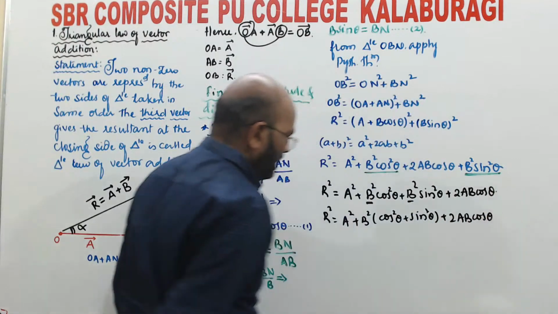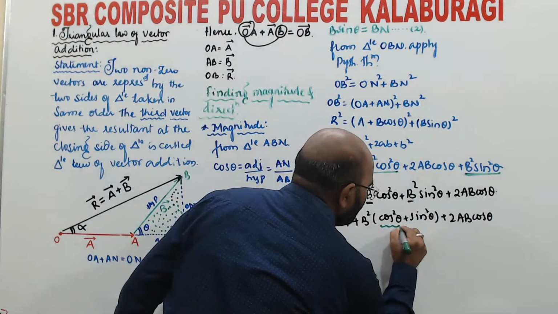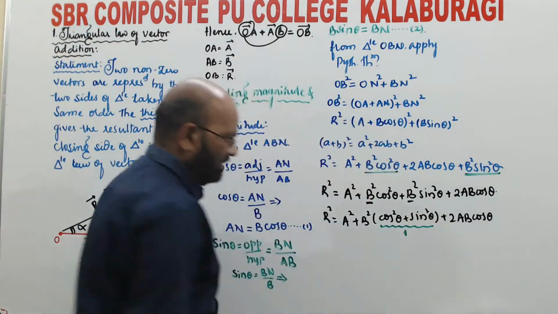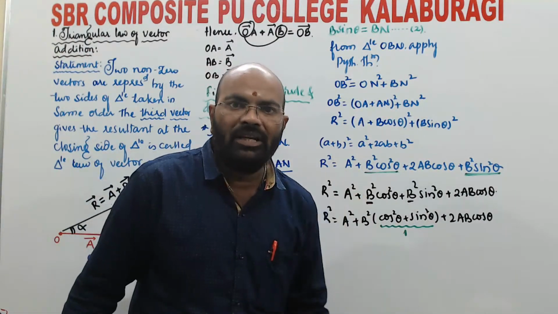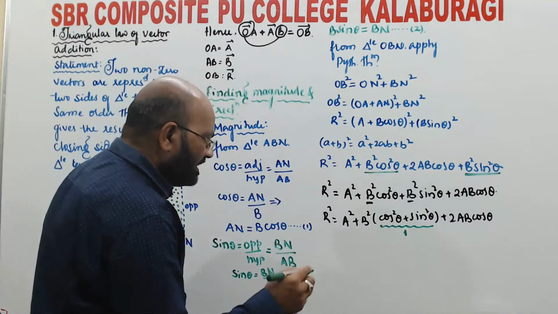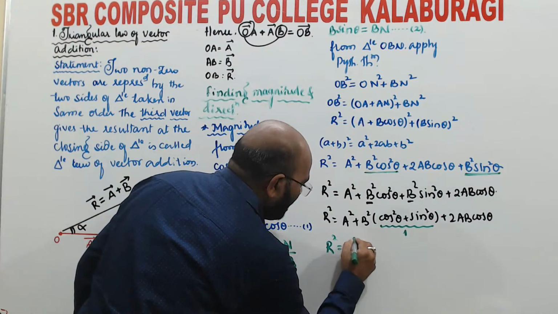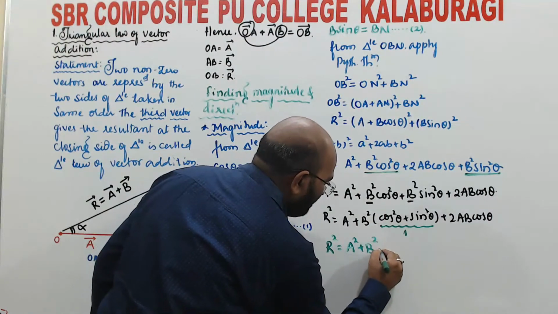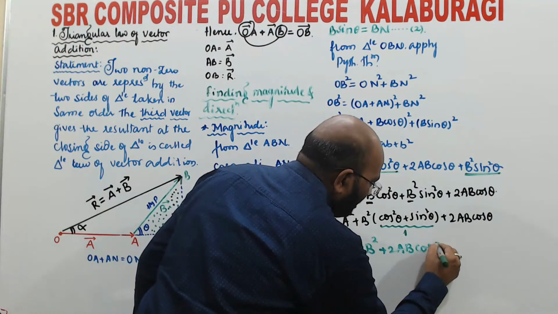Cos square theta plus sin square theta, this value is equal to 1. Sin square theta plus cos square theta is equal to 1 according to trigonometric functions. Therefore, resultant R square is equal to a square plus b square plus 2ab cos theta.